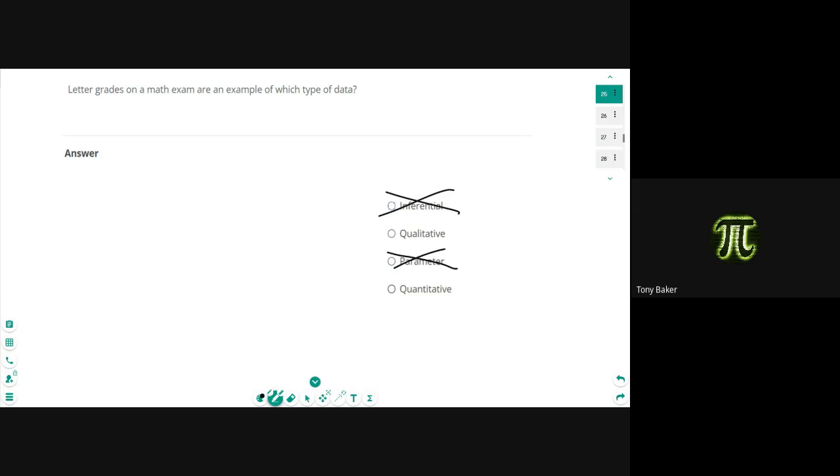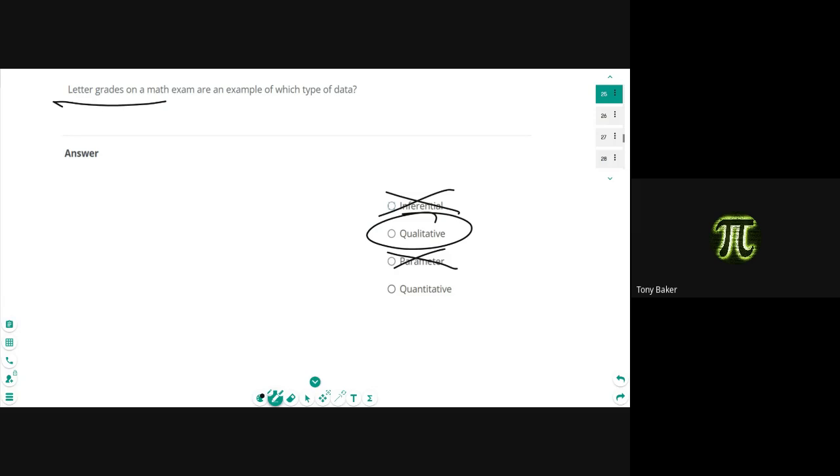Letter grades. Okay. Letters, just A, B, C, D, F, right? There could be pluses or minuses in there, but it is not numeric.